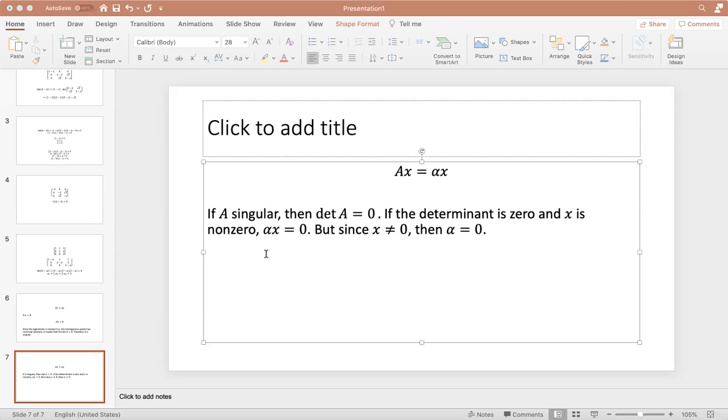So as I said, a real symmetric matrix is positive definite if all of its eigenvalues are positive, or negative definite if all are negative. A real symmetric matrix is said to be positive semi-definite if the eigenvalues are positive and at least one vanishes, so one becomes equal to zero. It becomes indefinite if it has positive and negative eigenvalues.